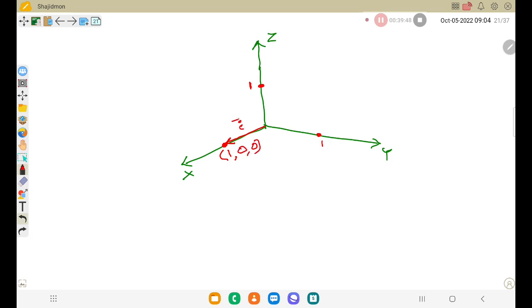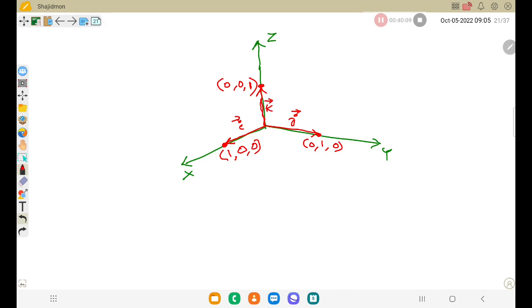This is what we call vector i. Here, x is 0, y is 1, z is 0. This we call vector j. And here, x is 0, y is 0, but z is 1. This we call vector k.